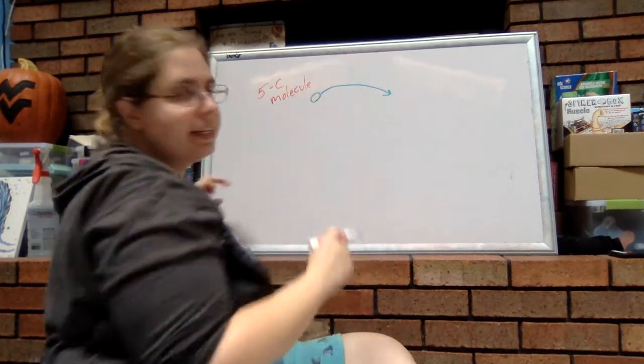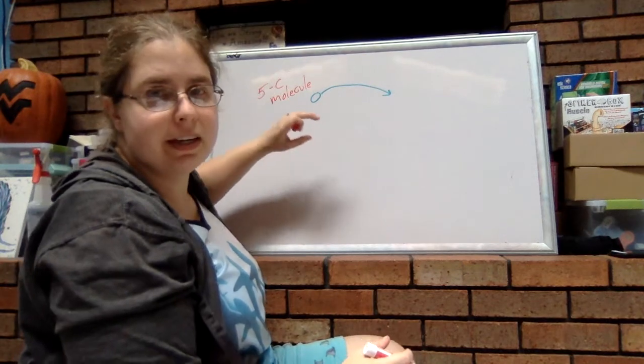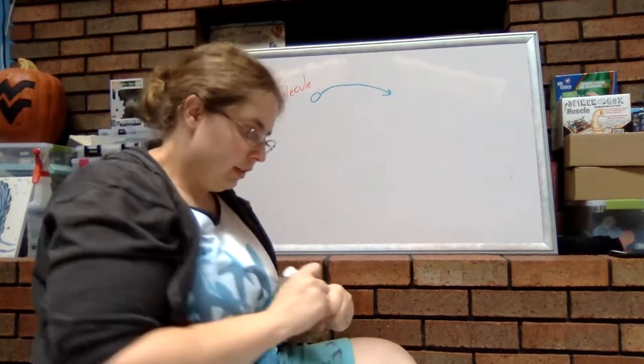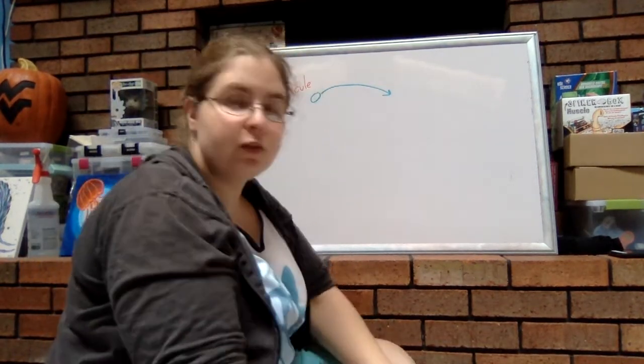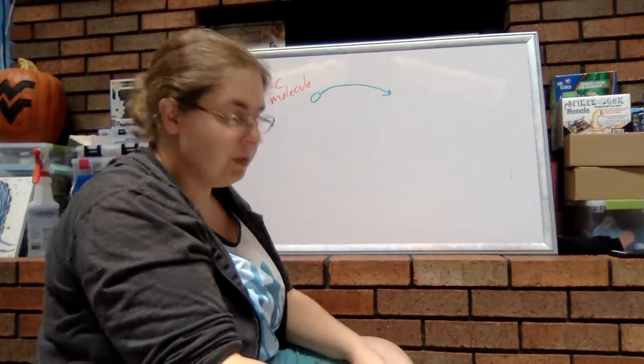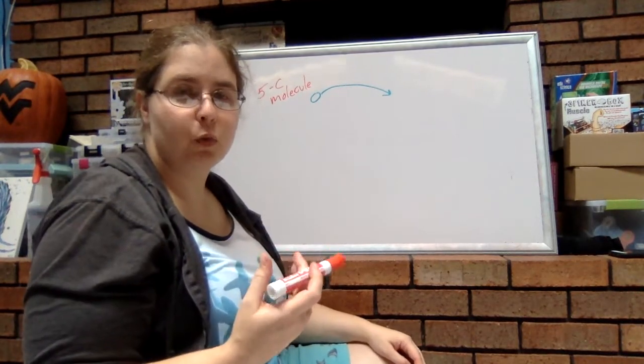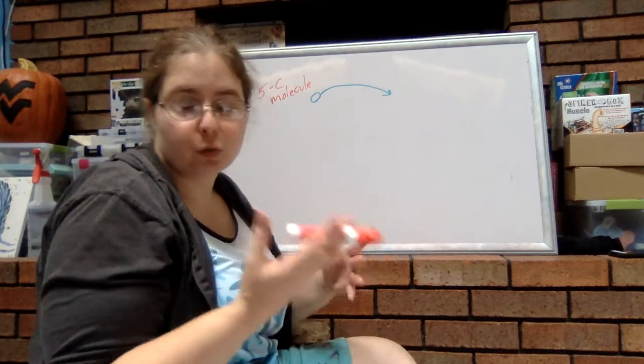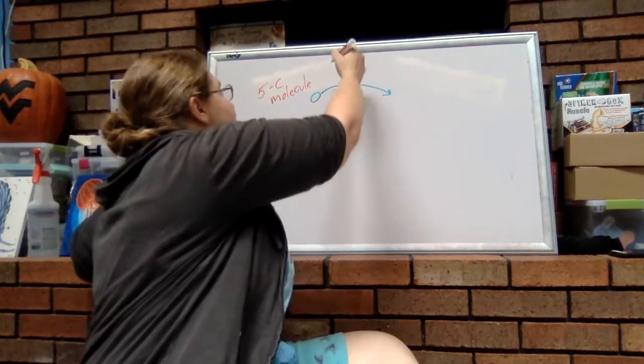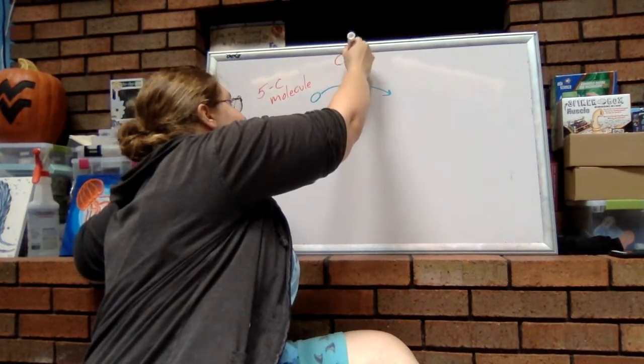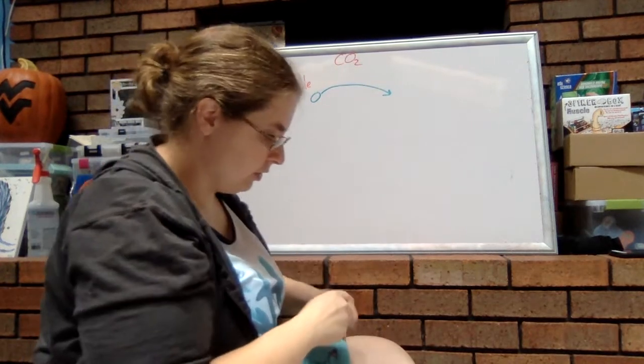It is already in the stroma. It is ready to be used. Now, this is where the carbon dioxide comes in. Remember, we said that carbon dioxide is one of the ingredients, the reactants we need for this reaction. So we need carbon dioxide to enter the reaction.